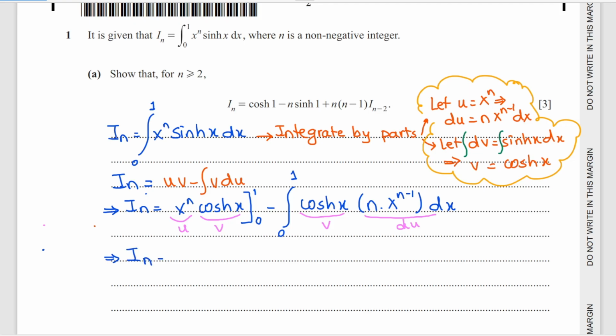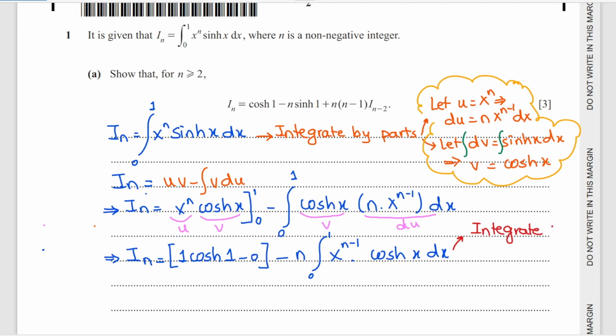Then let's do some calculations. Substituting 1, I got 1 cosh 1 minus 0 minus n times the integral of x^(n-1) cosh x dx from 0 to 1. Here, again, the integrand is a product of x^(n-1) and cosh x, so I'm going to integrate by parts again.